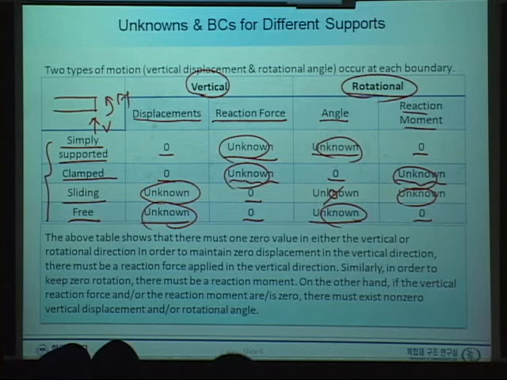So at any support, you have two boundary conditions, two types of boundary condition. One should be given in terms of vertical, either displacement or reaction force, or rotational angle or reaction moment.